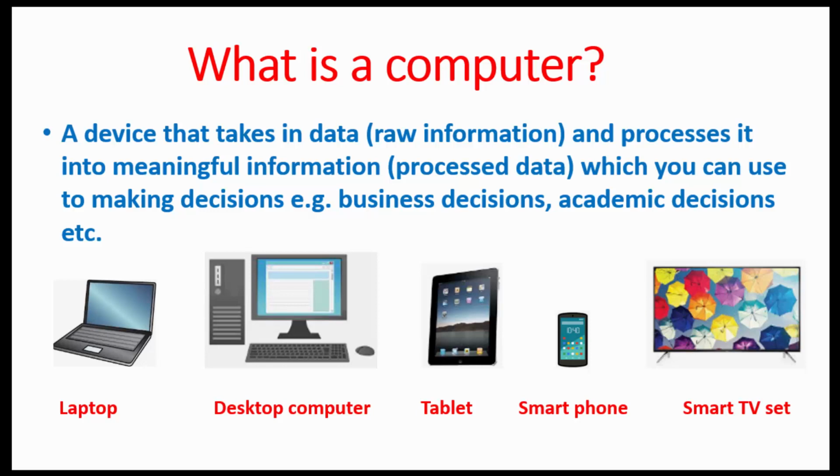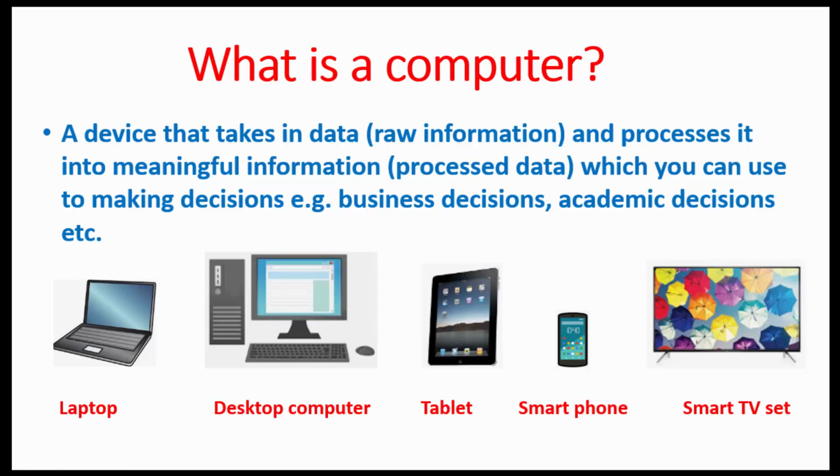A smaller version of this tablet is the smartphone. And the smartphone is mostly used for calling people, sending short messages, and for chatting. Another common type of computer is this one, the smart TV. The reason why we call it smart is simply because it has some capabilities of a computer.